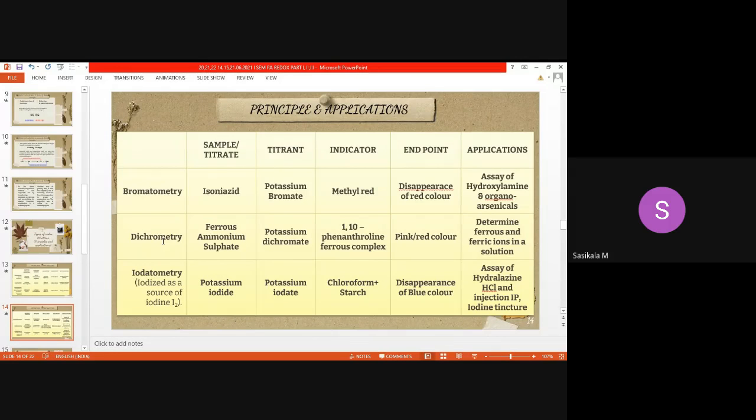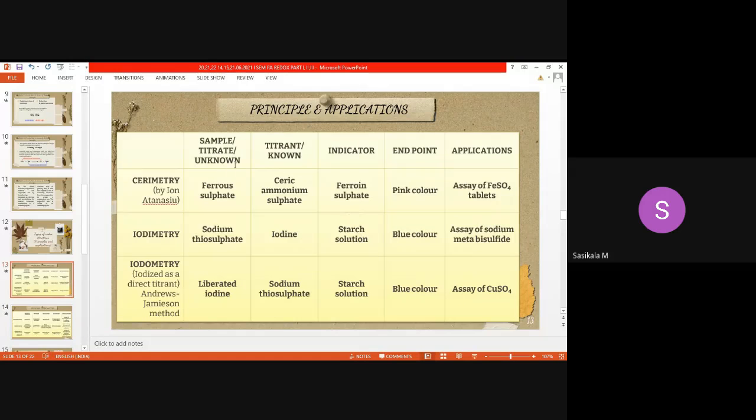Wherever we use potassium dichromate as titrant, the technique is called dichrometry, where ferrous ammonium sulfate can be analyzed by using this technique. The indicator used is ferroin. It is similar to cerimetry, right? In cerimetry, ferrous reducing compounds are analyzed, where ceric ammonium sulfate is used as oxidizing agent.